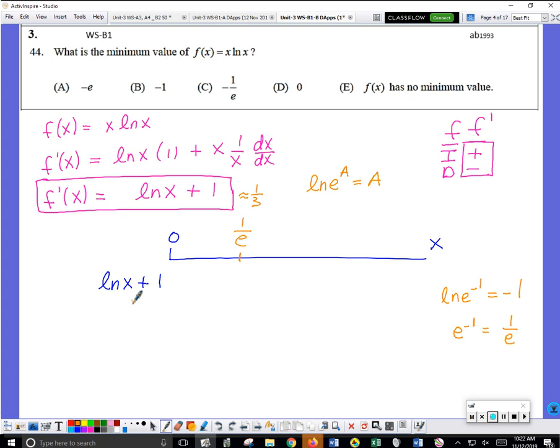The other caution on a sign chart, super important, is to make sure that what you're charting is not later going to be added to something. You don't want to do this: ln of x, 1, and then put f prime. Because f prime would be this added to this.